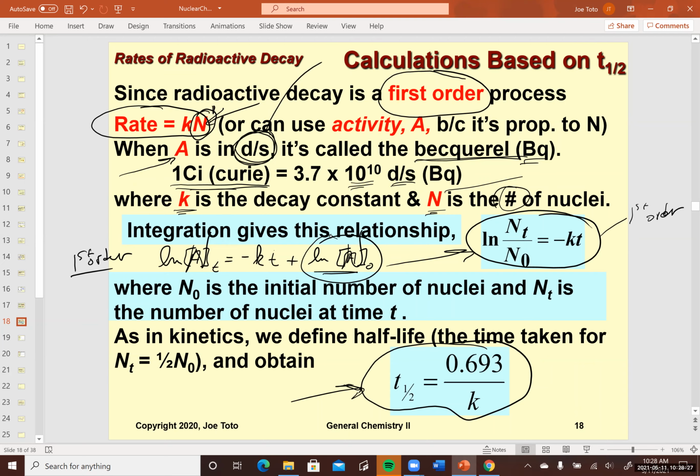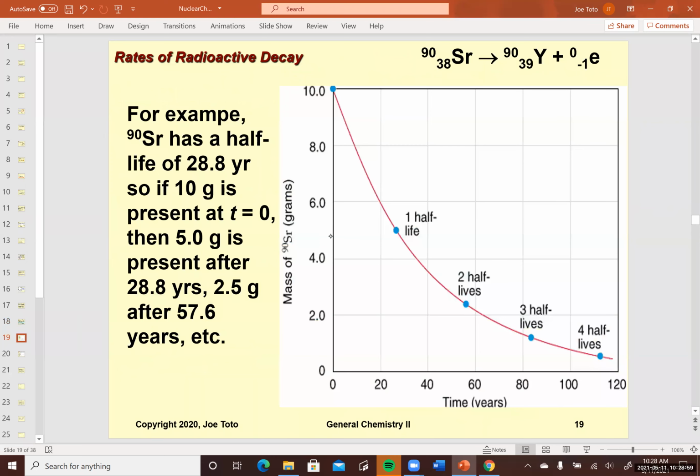So it only depends on the rate constant of that particular process, and the rate constant depends on what the atom is that's decaying. So all atoms or elements that decay have an associated rate constant, and all decaying processes are first order. So we can use this to date things.